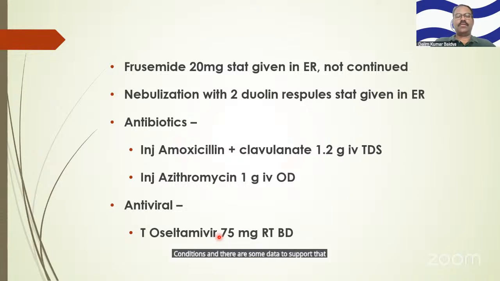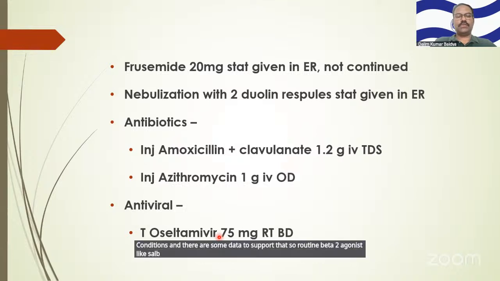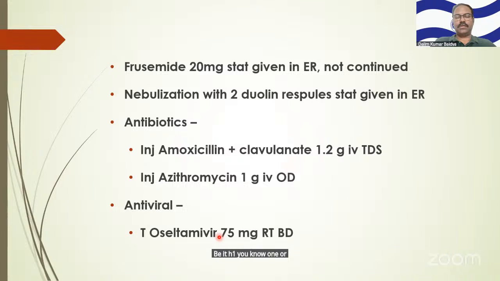So, routine beta 2 agonists like salbutamol or Duolin should not be administered. And oseltamivir is a drug of choice when you suspect ARDS because of a viral underlying pathology, be it H1N1 or other influenza viruses.